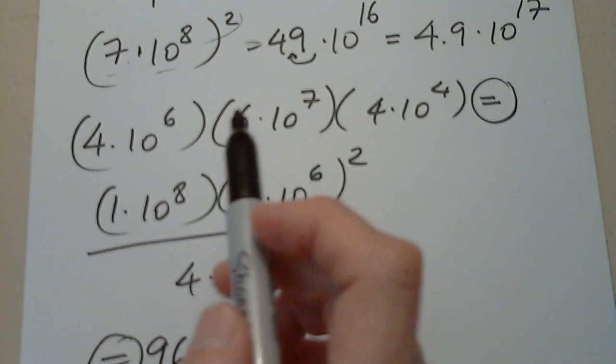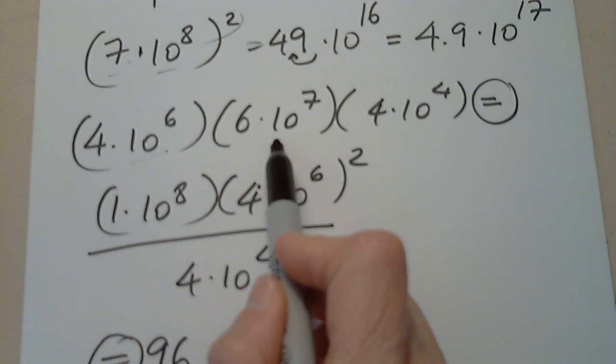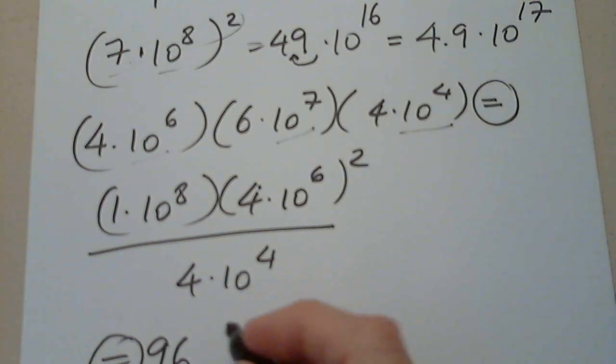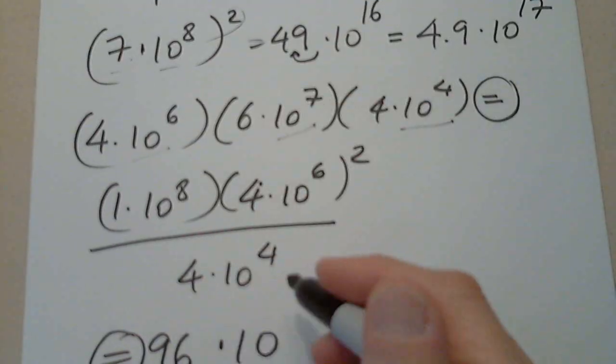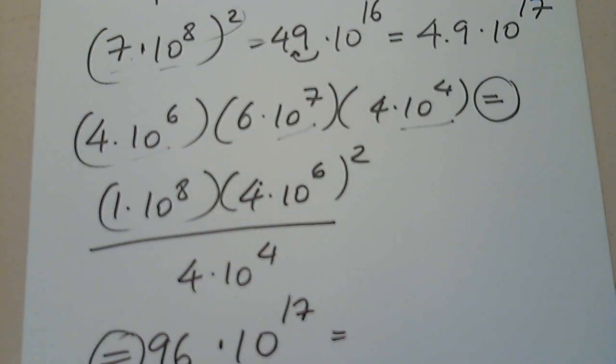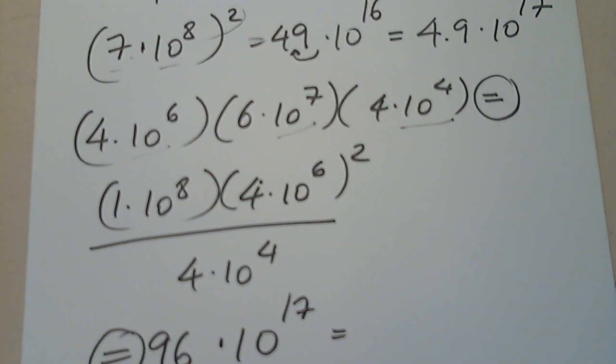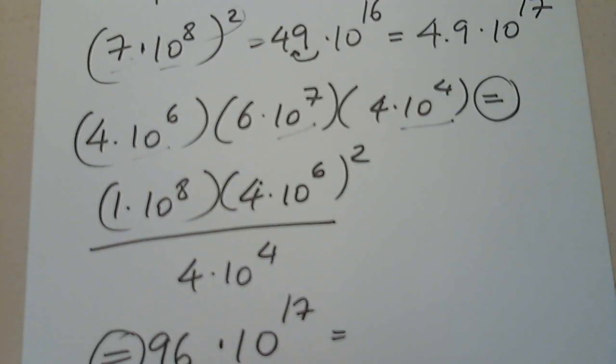So now 10 to the 6th, 10 to the 7th, 10 to the fourth. So this means times 10 to, these two are 10 plus 7, 17. So this again is not scientific notation. This number is not presented in scientific notation, which means I have to move the decimal point to the left one, meaning I'm dividing. If I'm dividing by 10, I have to also multiply by 10. So I have 9.6 times 10 to the 18th.